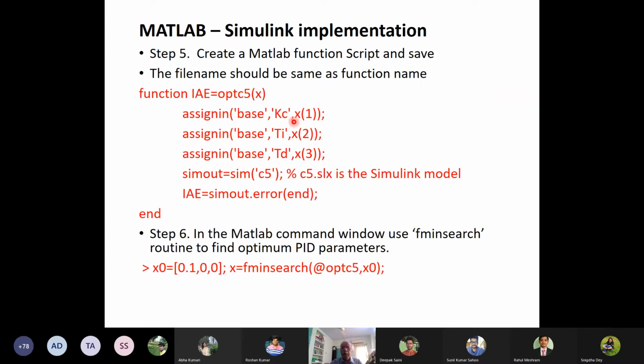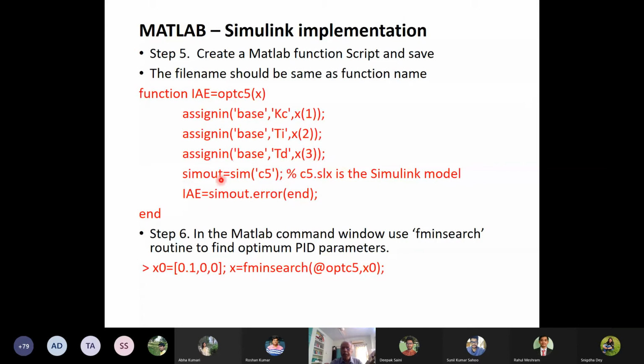Now when I am assigning, Kc should be the same as x1, tau I the same as x2, and tau d the same as x3. This will be there in the MATLAB workspace. So when I am simulating this C5 model, it will look for Kc, tau I, and tau d, and automatically take Kc as x1, tau I as x2, and tau d as x3.